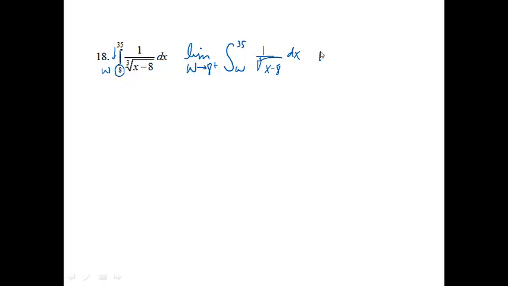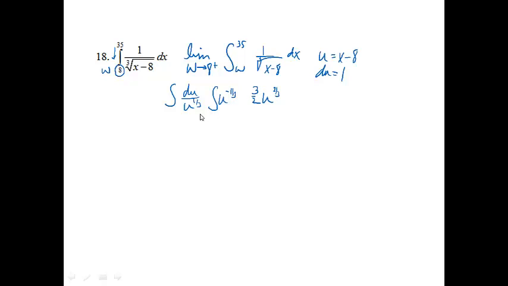I'm going to do a u substitution. u will equal x minus 8, which means du will equal dx. So when I go to rewrite that problem, this really will be du over u to the 1/3, which is u to the negative 1/3. When I take the integral of that, if I add 1 to my power, I'll get u to the 2/3 and then a 3/2 on the outside.